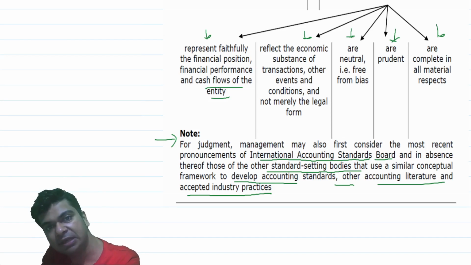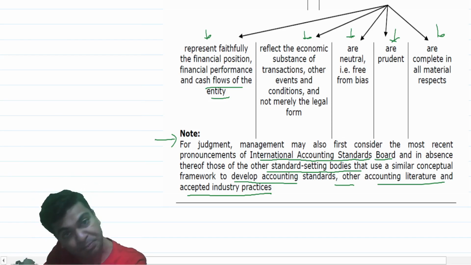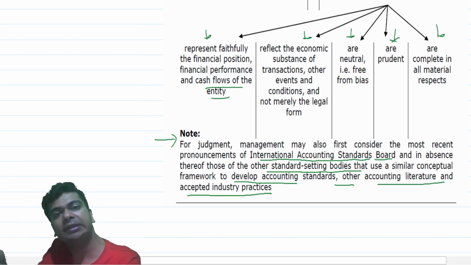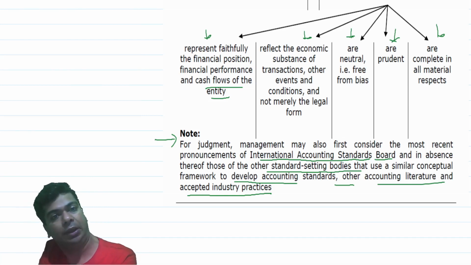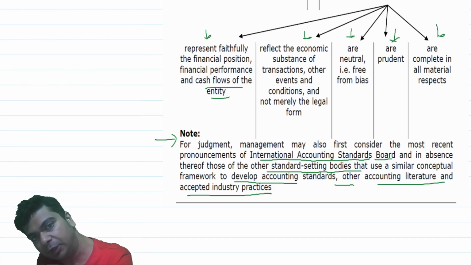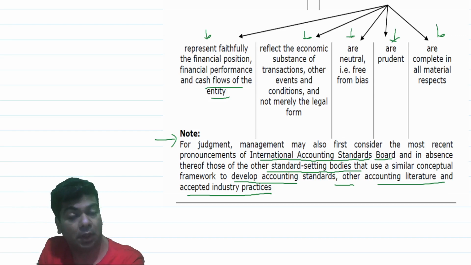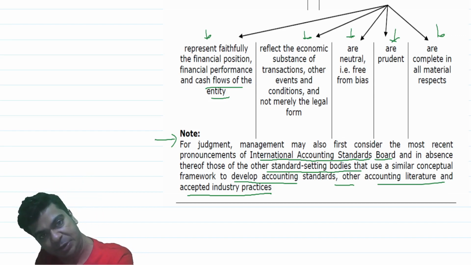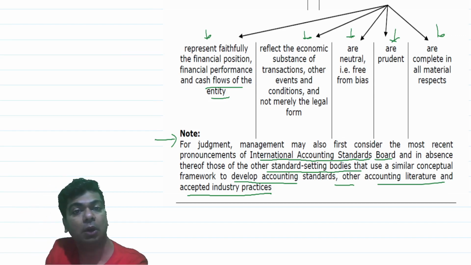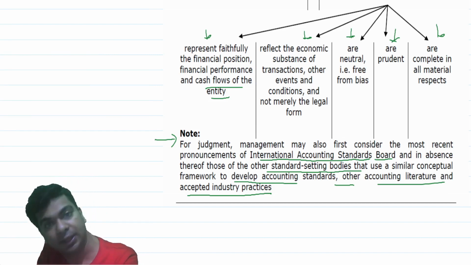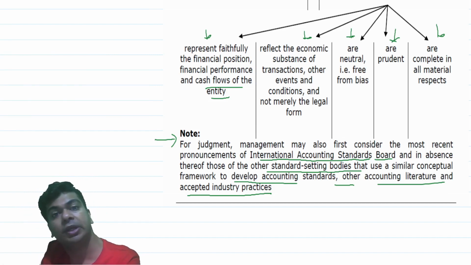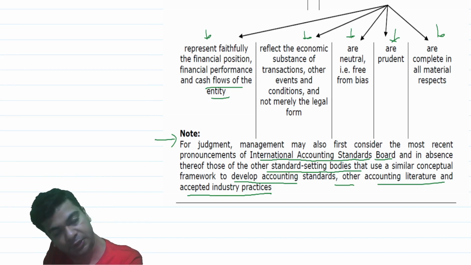Let's say in India itself, your competitors, your peers in the industry are following that particular practice. You can definitely follow that particular practice. Once an accounting policy has been formed, you should follow the accounting policy consistently. Every year you should not keep on changing your accounting policy.